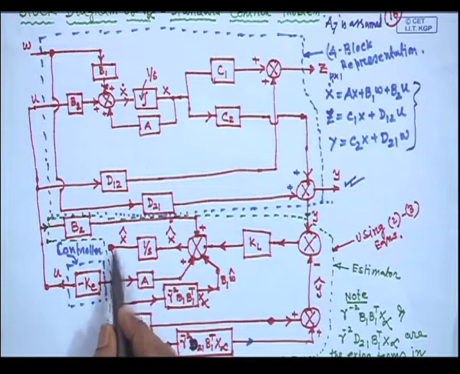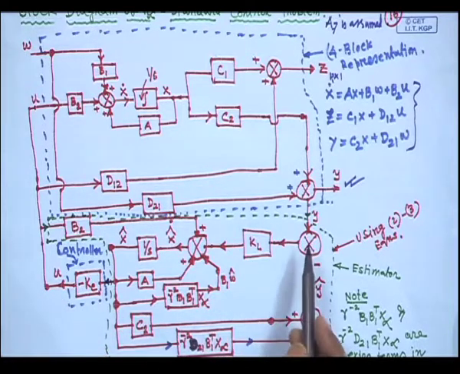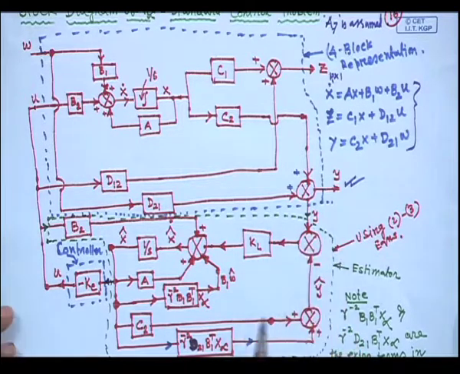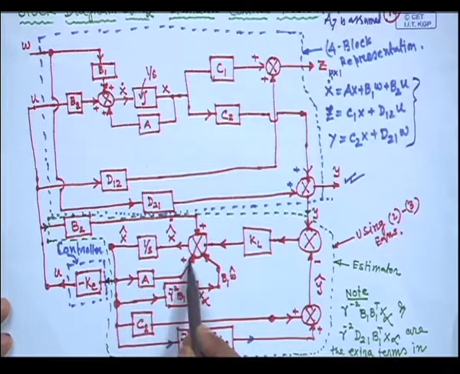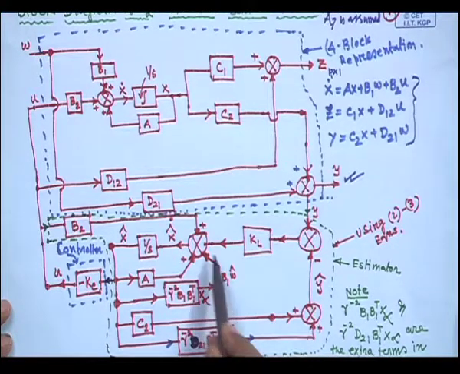And the controller is what? Kc into x hat, this is the x hat, Kc into x hat, and our estimator is A into x hat plus B1 into w hat, you put w hat below, this is B1 into w hat, agree.